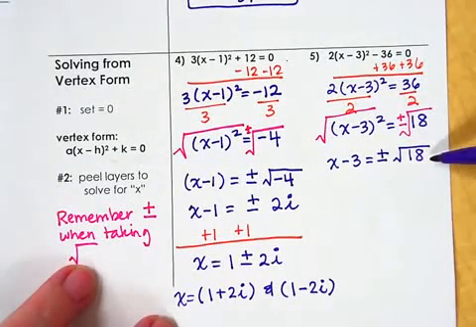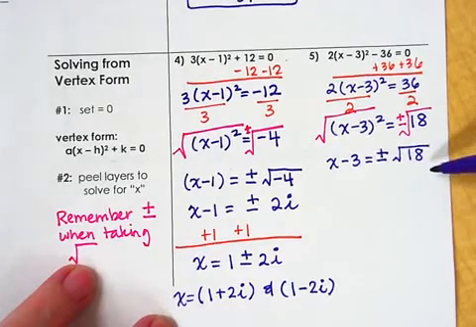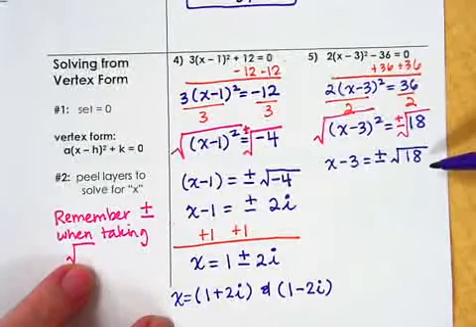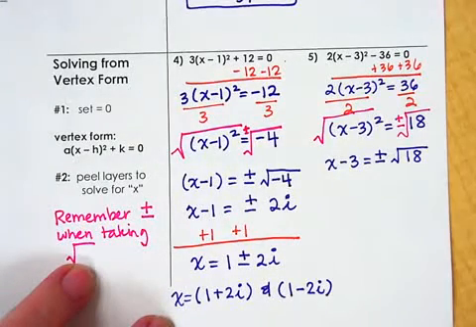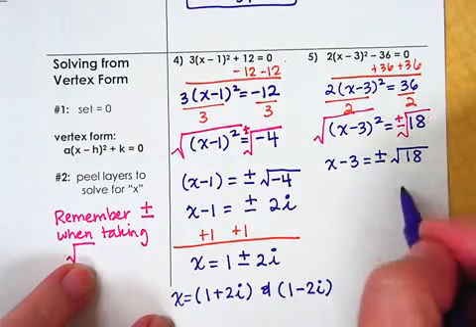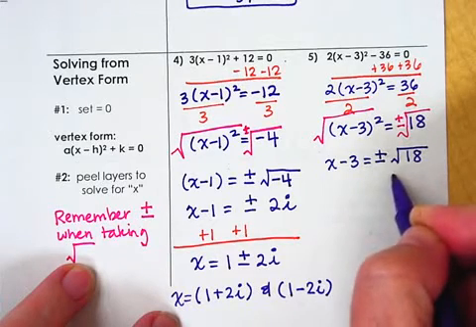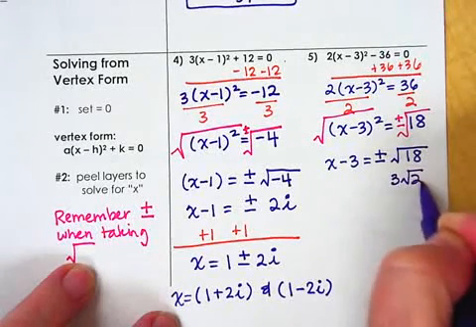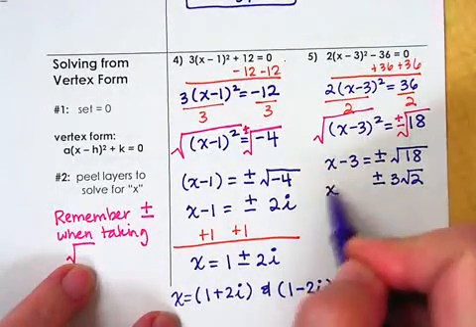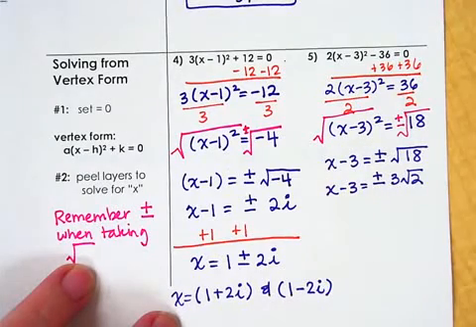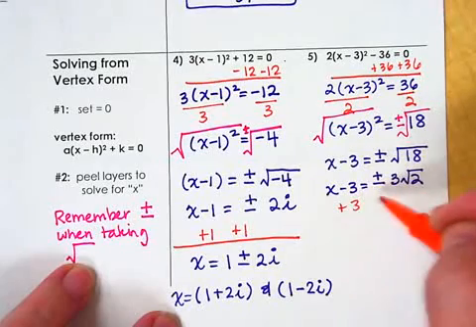But the square root of 18 can be reduced. It can be simplified. So you can go ahead and use whichever method you want. If you want to do a factor tree or if you want to do upside down division, go ahead and break down the 18. When you break that down, what you should get is 3 radical 2, the plus or minus sign on that. x minus 3 equals, and then we're going to go ahead then and add the 3 to both sides.